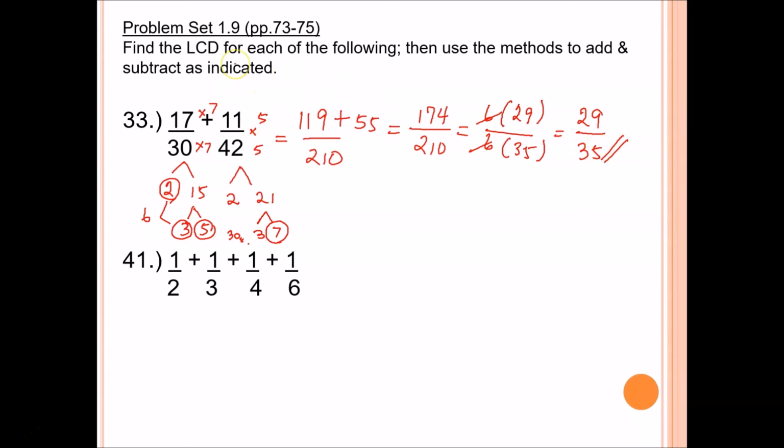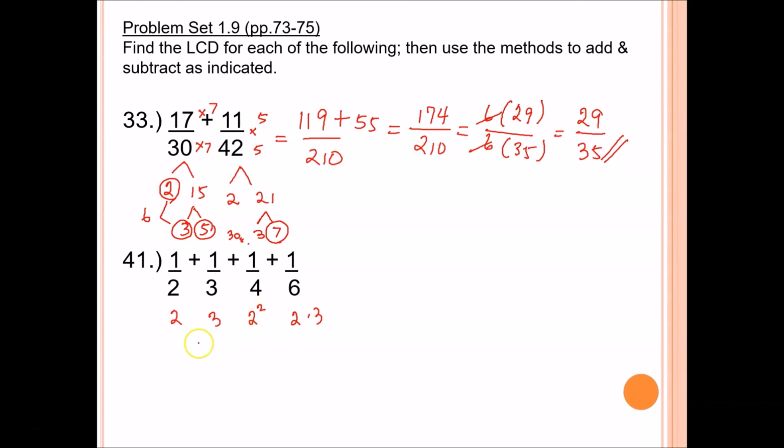For number 41, what is the LCD of 2, 3, 4, and 6? Okay, so this is still a 2, this is a 3, 4 is 2 squared, and 6 is 2 times 3.